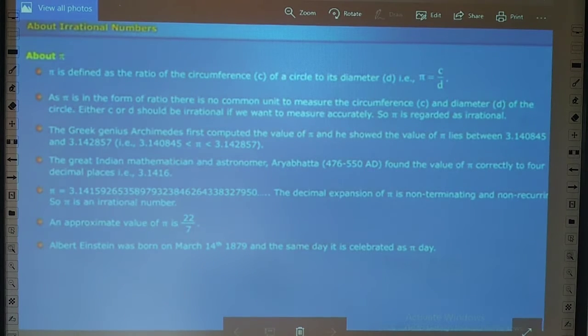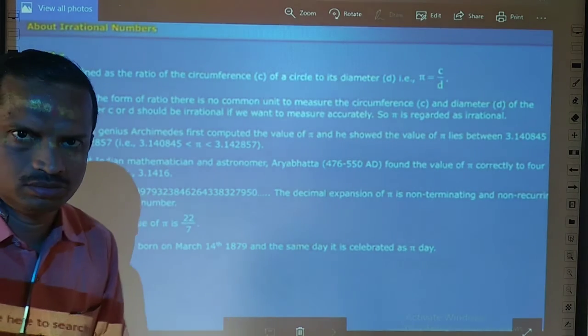But if you find it in decimal, then pi is irrational. And Pi Day is celebrated every year on March 14, on behalf of the birthday of Albert Einstein. So this is the information for you.